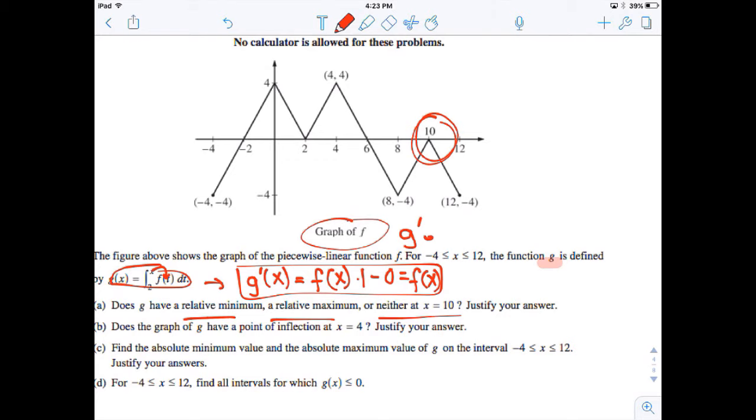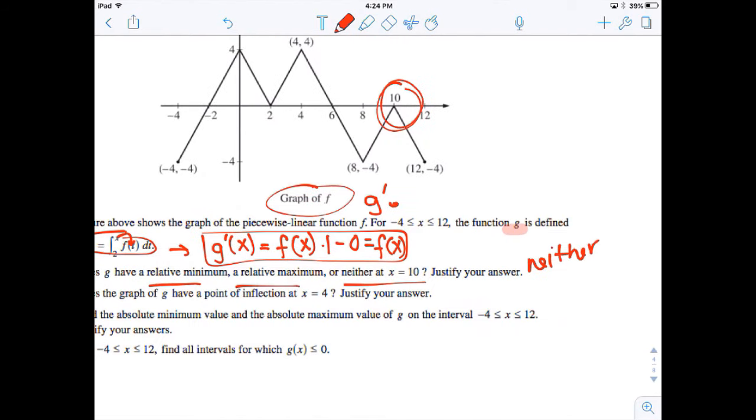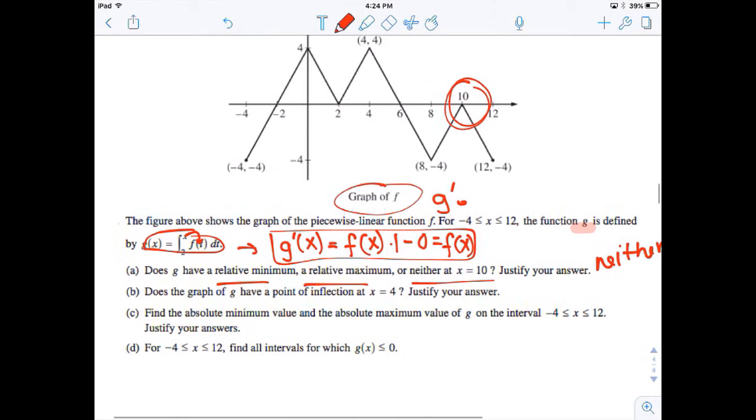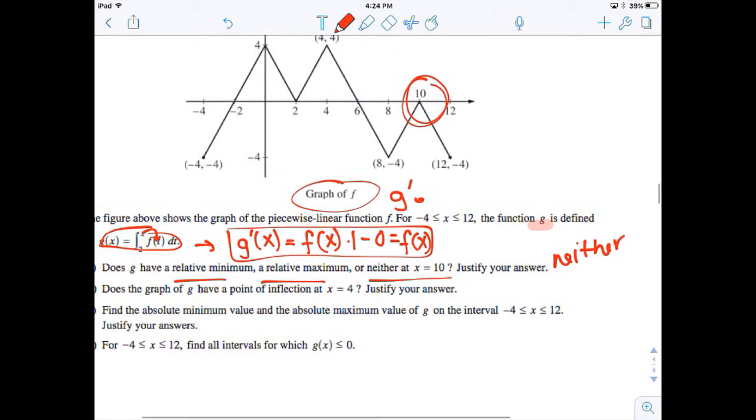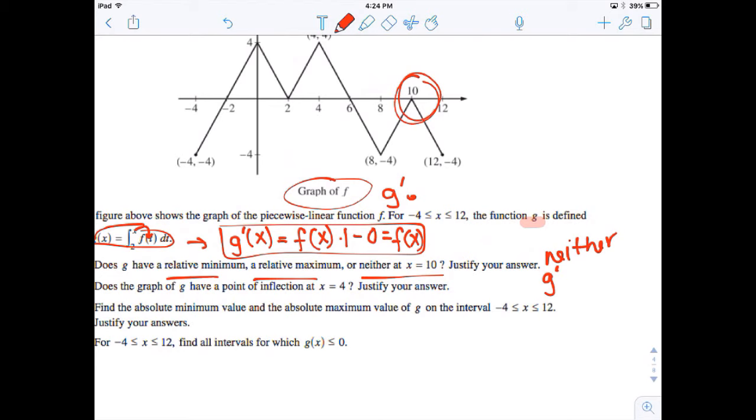So this is neither, and we would say because g prime, which equals f of x, doesn't change signs at x equals 10. So justify, make sure you explain that.